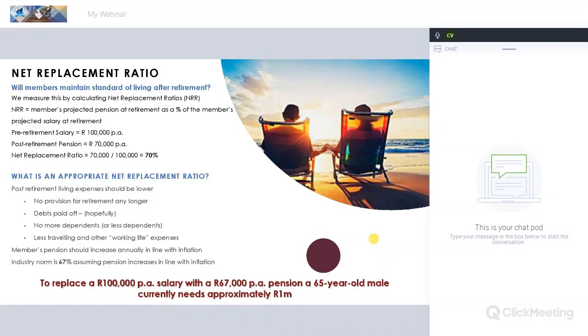If you divide your pension by your salary at retirement, you will find a ratio, and that we call the net replacement ratio. Industry norms normally dictate that this ratio should be around 70% to maintain your living standard after retirement. This is also generally the ratio you should aim for if you want to retire at any point in time.